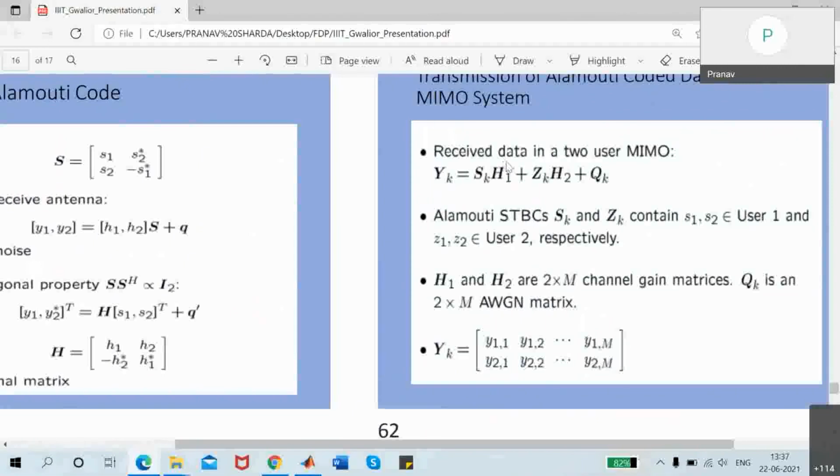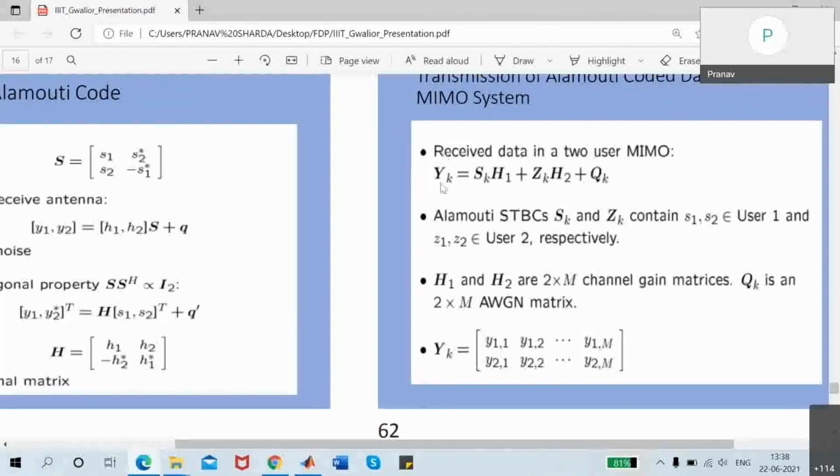In a 2-user MIMO scenario, the received data can be written as SK, the LMT STBC corresponding to user 1, with its channel gain matrix, plus ZK, the LMT STBC code corresponding to user 2, with the corresponding channel matrix H2, and QK is a 2x2 AWGN noise matrix.